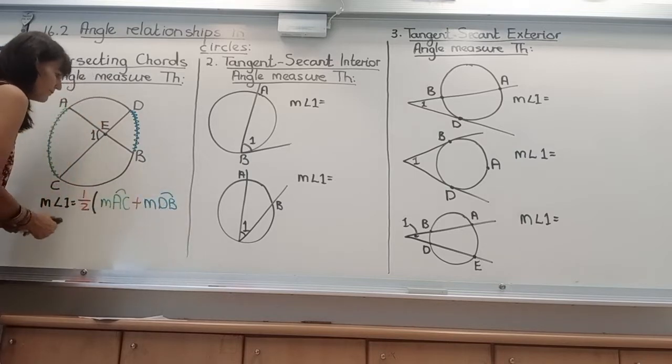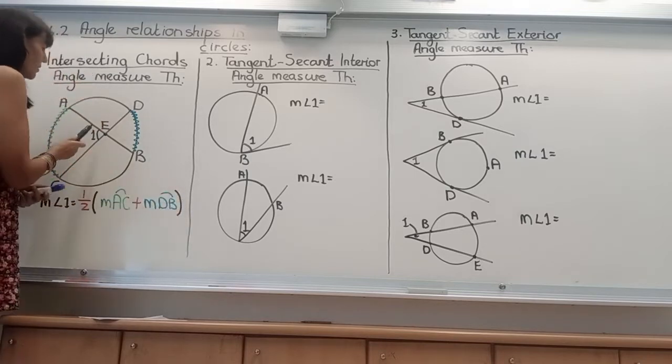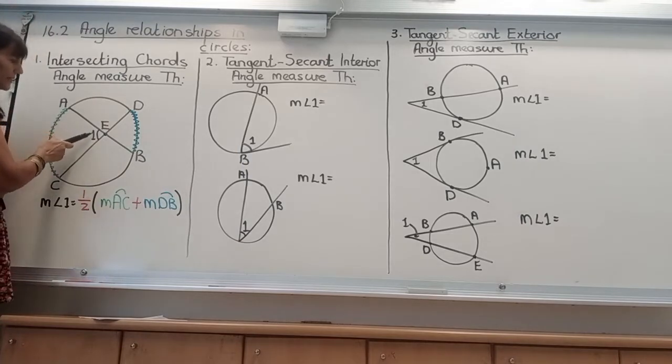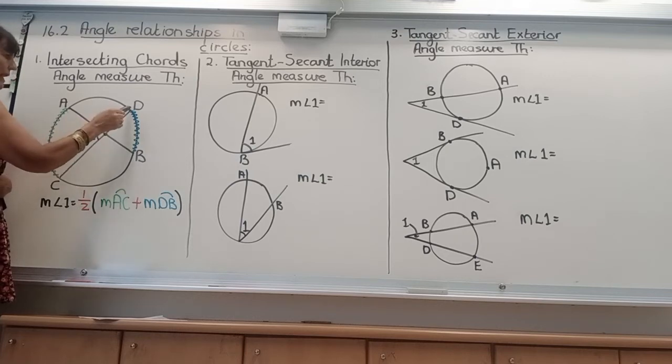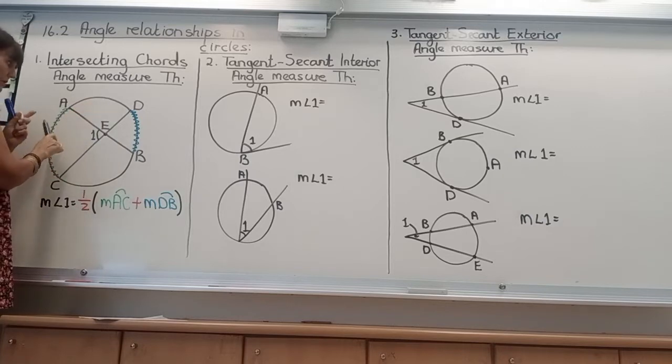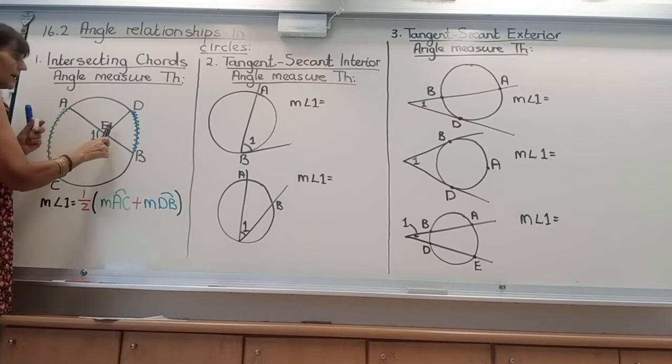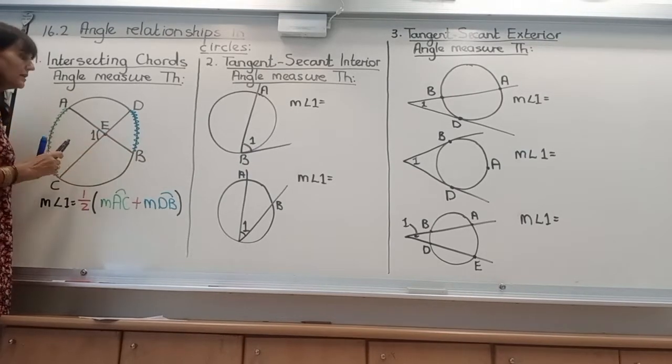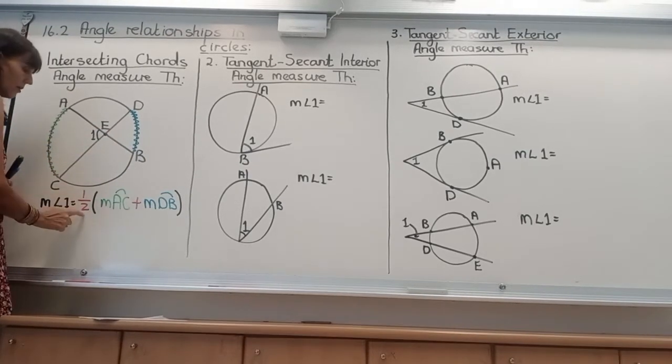And there's my formula. If I want to calculate the size of this angle 1, I get the measure of this arc plus the measure of that arc, not the top and the bottom. See, opposite the 1 and opposite this on the opposite side, and I add and I take half of this.